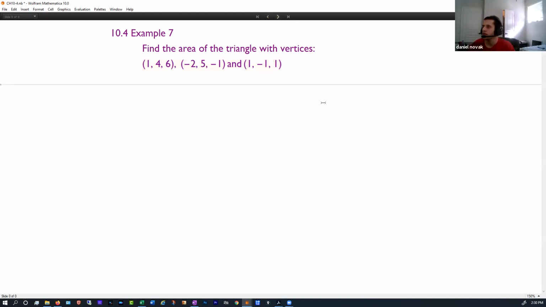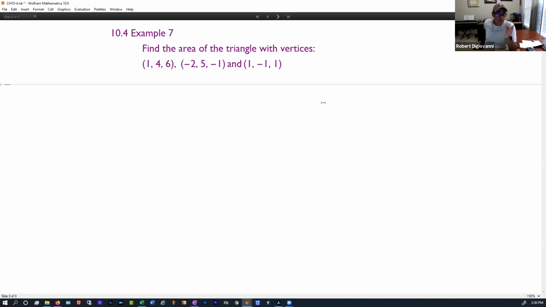So I have a question. It doesn't matter which two of the points we pick here, as long as we just take the cross product, the magnitude, and divide by 2. Mm-hmm. That's right. It's all amazingly going to work out the same. The vectors won't be the same.